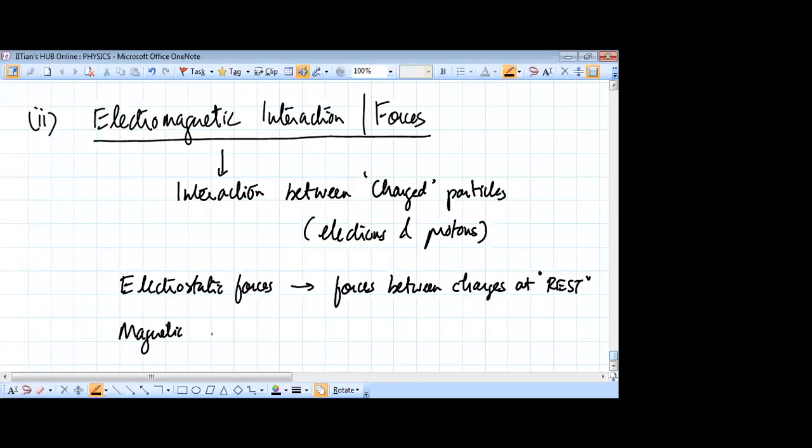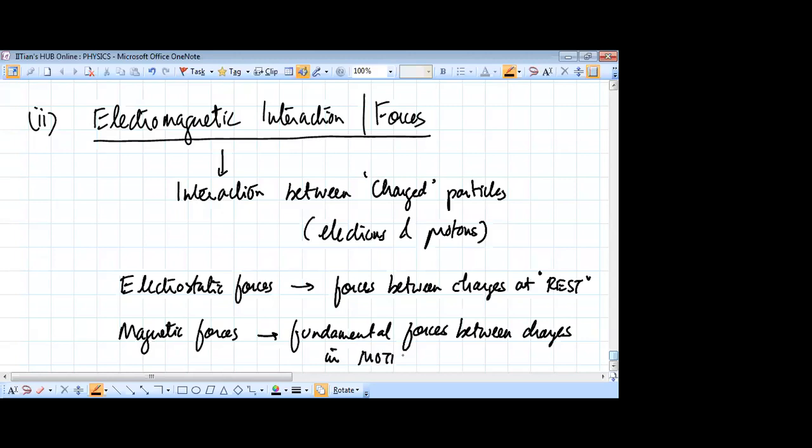This is the same magnetism that you studied in 9-10 from magnets, but it is actually more general than that. Magnetic forces are the fundamental forces between charges in motion. Collectively, we call them electromagnetic forces. So they are basically the interaction between charged bodies or charged particles, and they are called electromagnetic force.